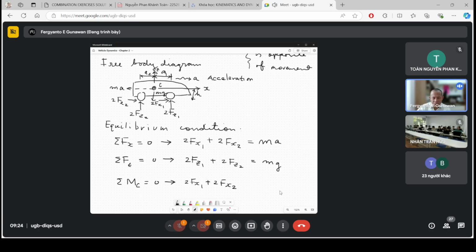Let's say we take the positive side this way, and multiplying by h gives a positive moment here, plus, say, a1 multiplied by 2 Fz1 should be equal.